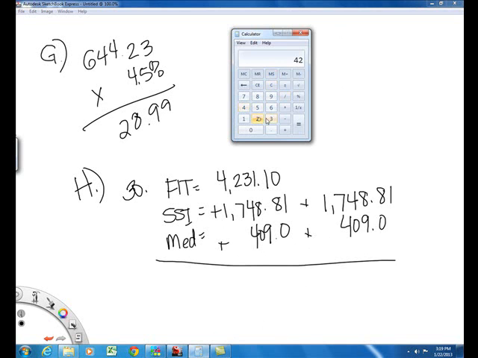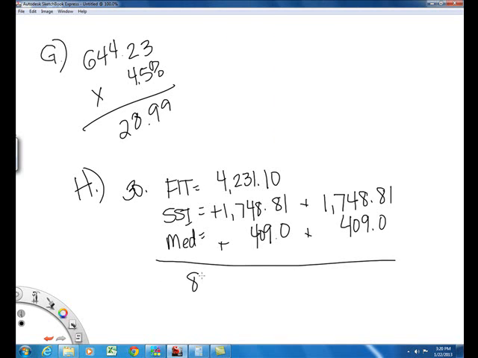So $4,231.10 plus $1,748.81 from the employee, $1,748.81 from the employer, $409 from the employee, and $409 from the employer, gives me a total of $8,546.72 that's due to the IRS.